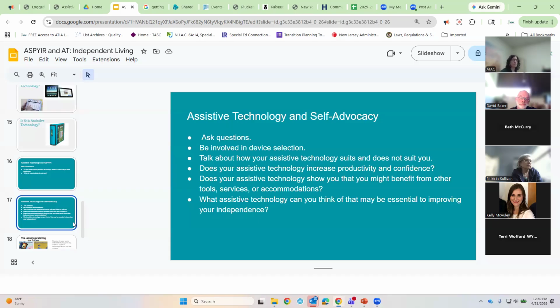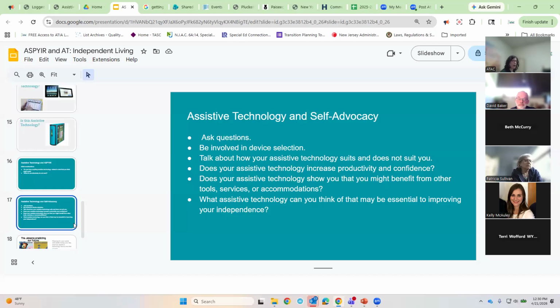So not just having mom or dad or teacher or supporter of some kind say, you know what? This tool looks like the perfect tool for John. If John hasn't expressed any interest in the device or any questions or ideas of how it would best suit his needs, then they're not properly involved in the device selection process.